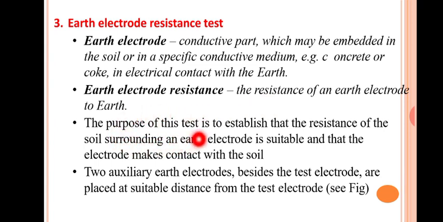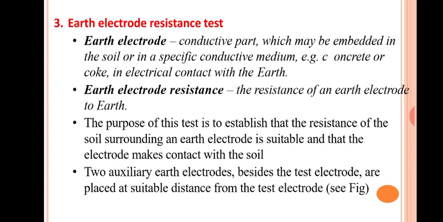The purpose of this test is to establish that the resistance of the soil surrounding an earth electrode is suitable, that is, the resistance of the earth electrode should be less than 0.05 ohm, and that the earth electrode makes contact with the soil.